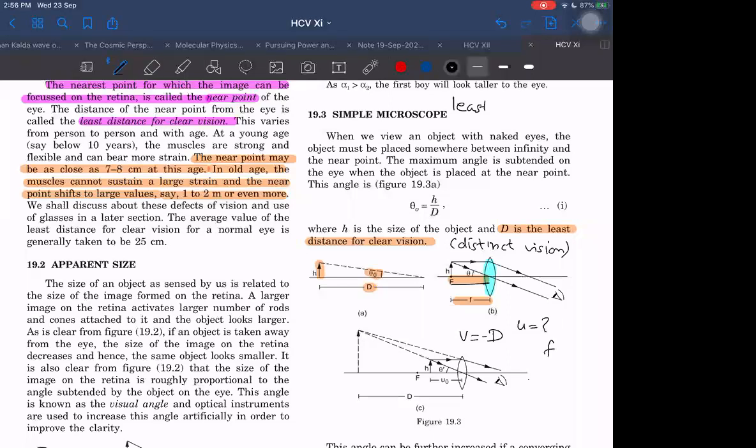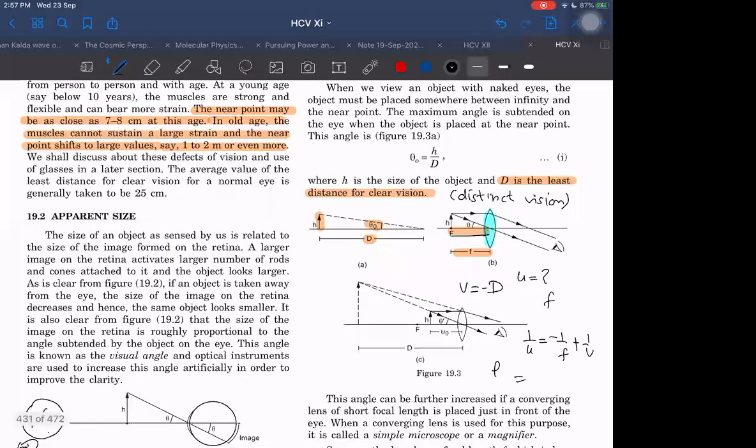Then I will be getting the formula 1 by v minus 1 by u is equal to 1 by f, or 1 by u is equal to 1 by f minus 1 by v. Then I will write it this side, 1 minus 1 by u, plus minus plus. That is how it will become. Then I will be getting 1 by u as this, right?